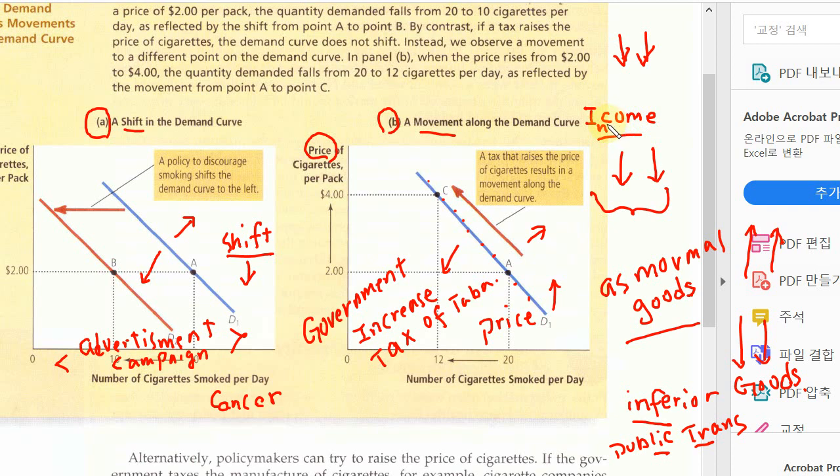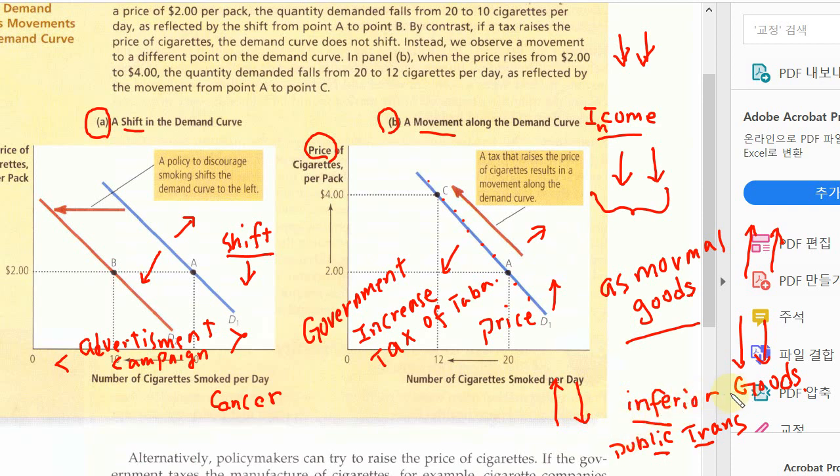Because you have much money to afford it. But once you don't have much money, you will use public transportation to save your money. The same phenomenon. In this case, as the income increased, your demand decreased for certain items. These items are called inferior goods.